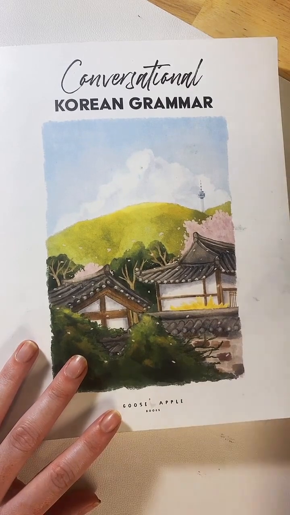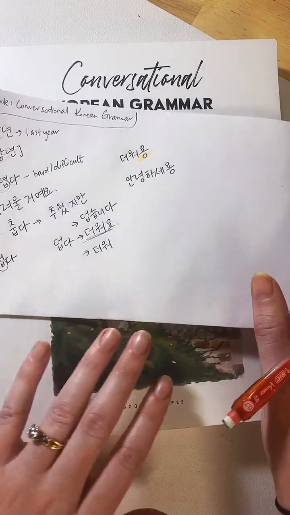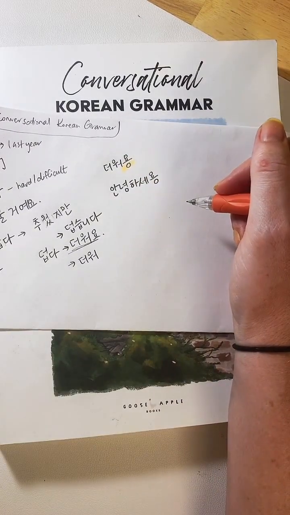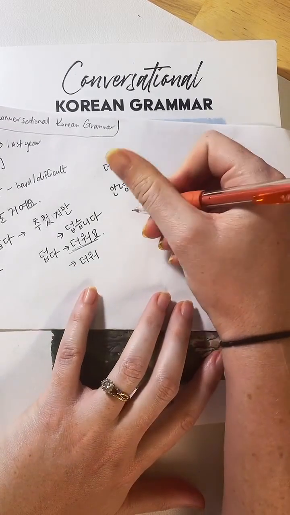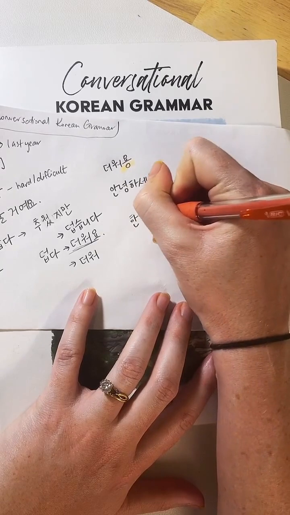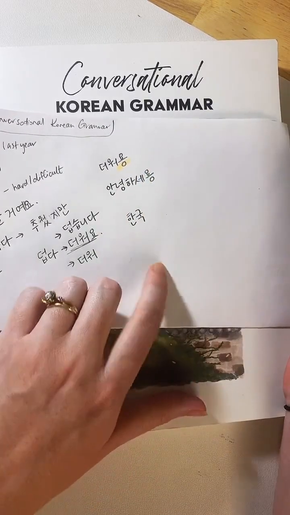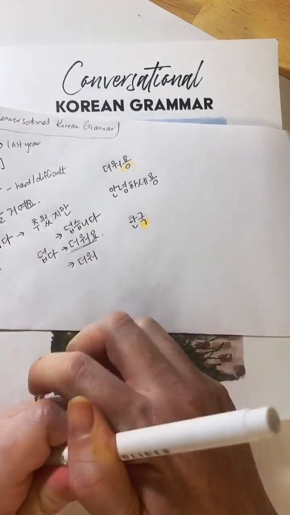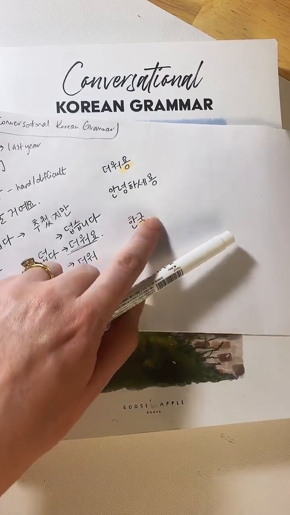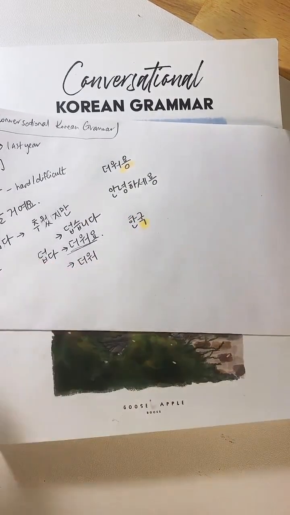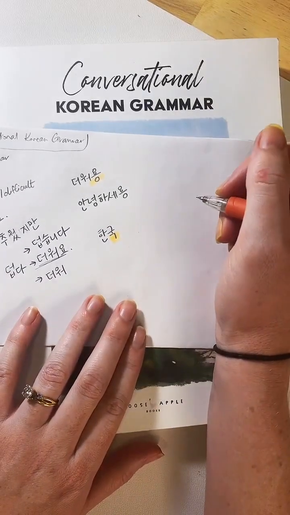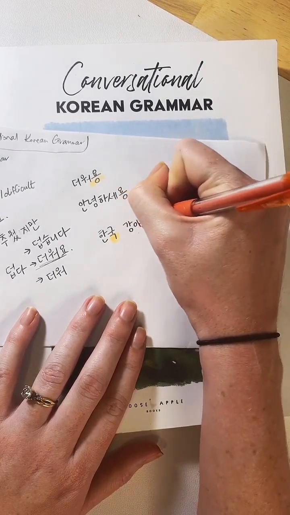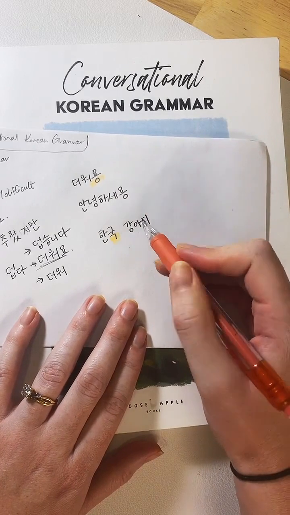Can you touch base on 받침? Right, 받침. So what is a 받침? A 받침 is a final consonant on a verb or noun. So let's take a noun like 한국, for example. 한국 has a 받침, and the 받침 is this 기역 at the bottom, because they have a consonant at the bottom of the final syllable. Whereas a noun like, I don't know, 강아지 ends on a vowel.